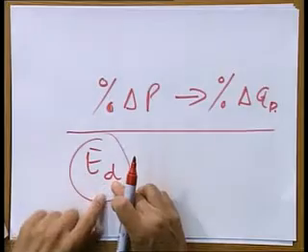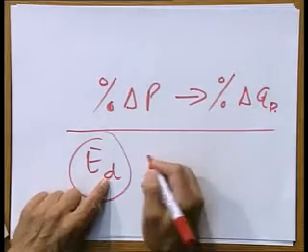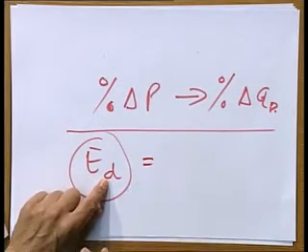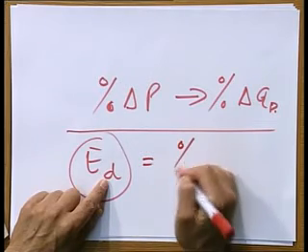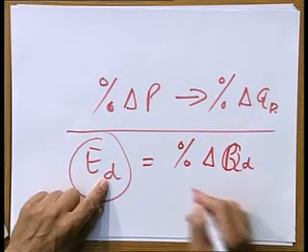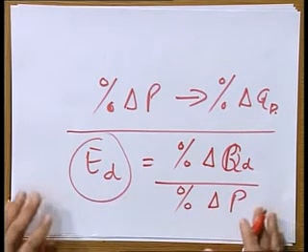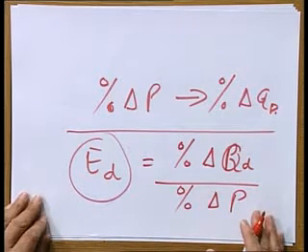D stands for demand. Some textbooks use P, which is price elasticity of demand. The general formula for price elasticity of demand is the percentage change in the quantity demanded divided by the percentage change in the price.